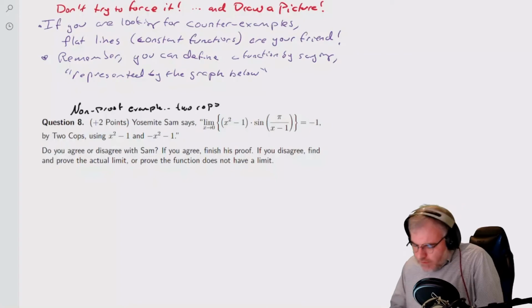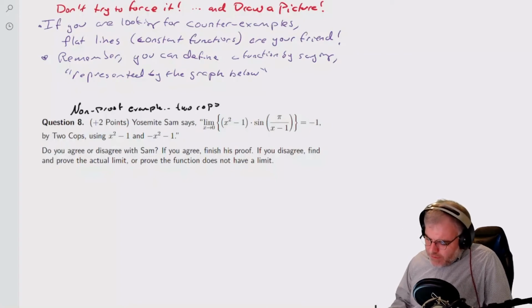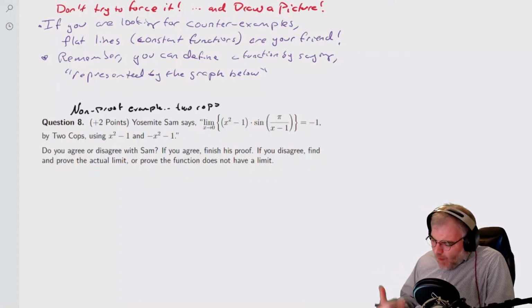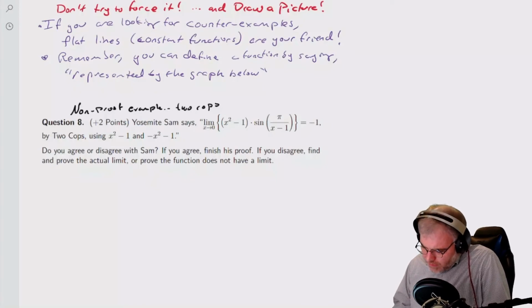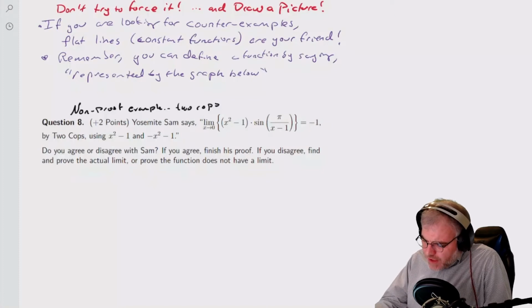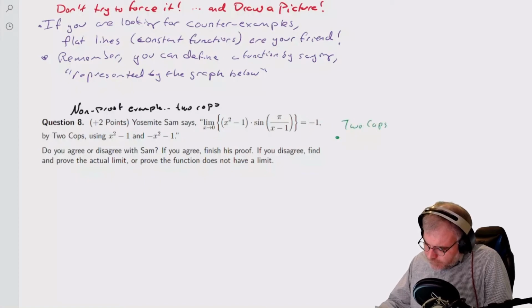Okay, so there's a couple things in here, but what's the big deal about why this is wrong? Well, what are the conditions on the squeeze theorem?